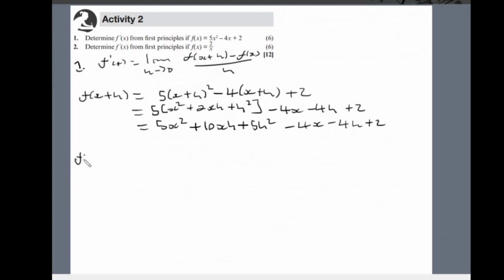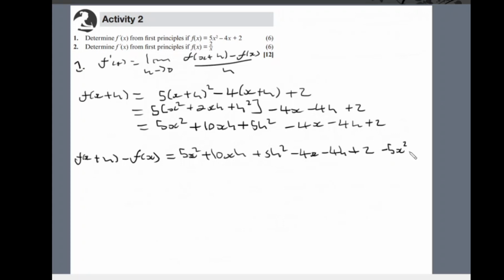numerator, which is f of (x plus h) minus f of x. f of (x plus h) is this whole expression: 5x squared plus 10xh plus 5h squared minus 4x minus 4h plus 2, minus my function f of x, which is going to be minus 5x squared plus 4x minus 2, right?